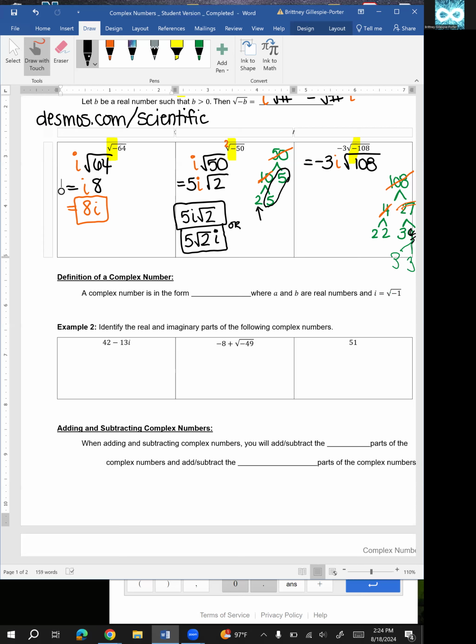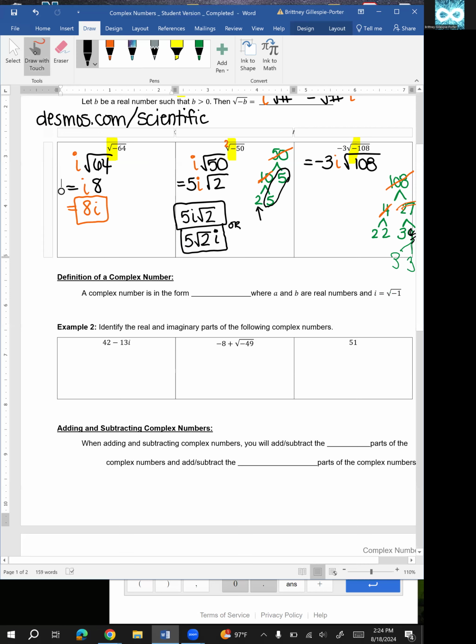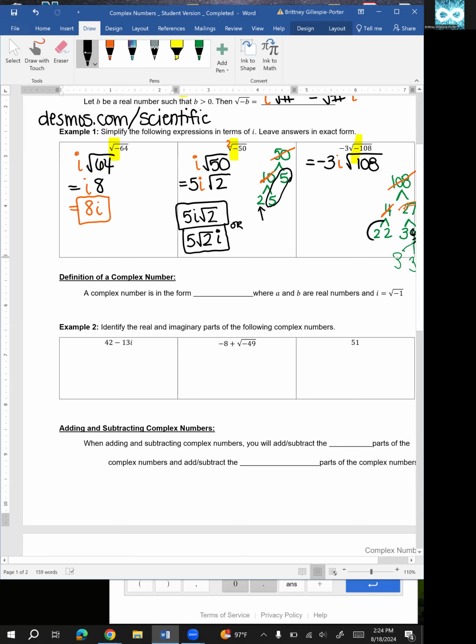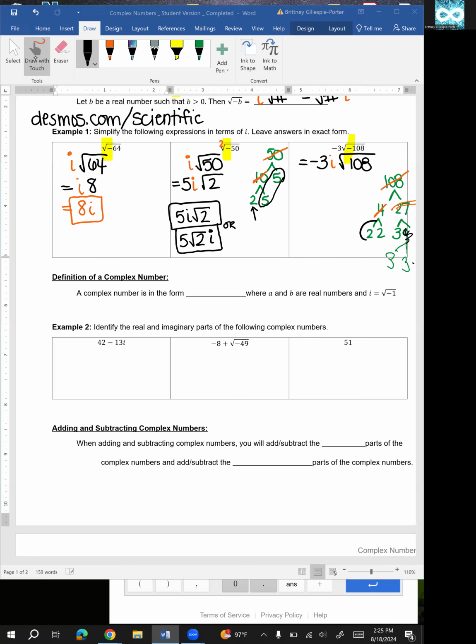Remember that we need to have 2 of the same number to be able to circle. So we have 2 2s, so we can circle our 2s. We have 3 3s, but we can only circle 2 of them because we can only take groups of 2 of the same number.